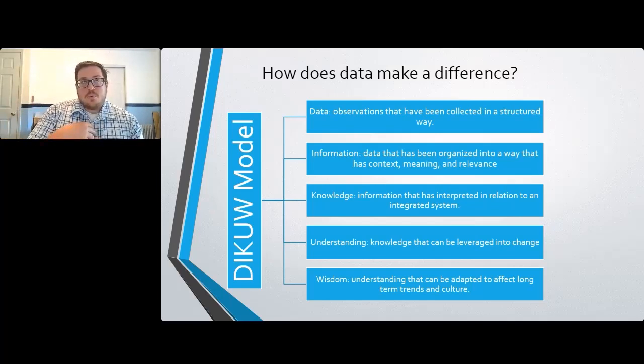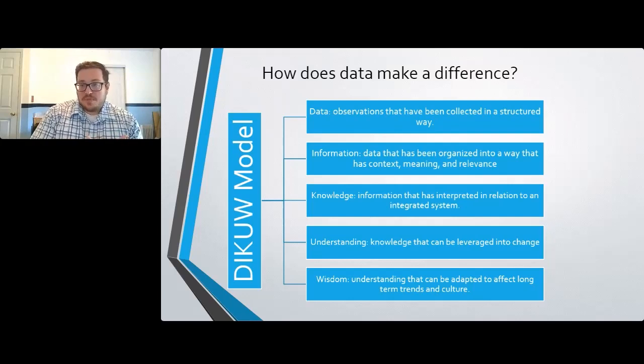Now, what we want to get to the point of is where those observations are impacting our outcomes. One way to make that happen is what's called the DIKUW model. And that's one way of observing data or capturing data and letting it build upon itself.